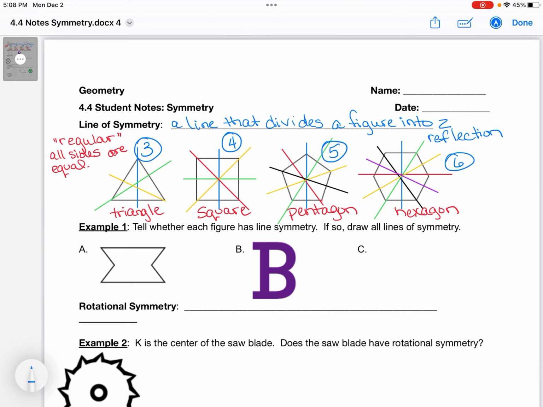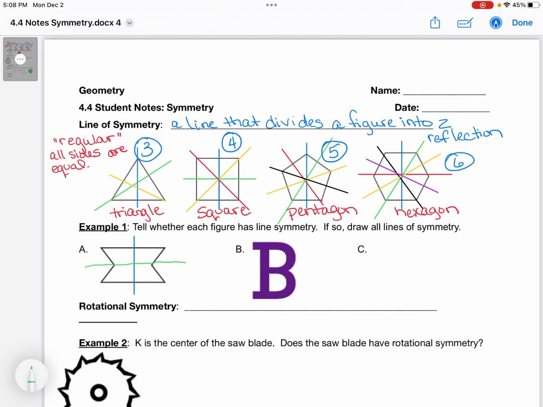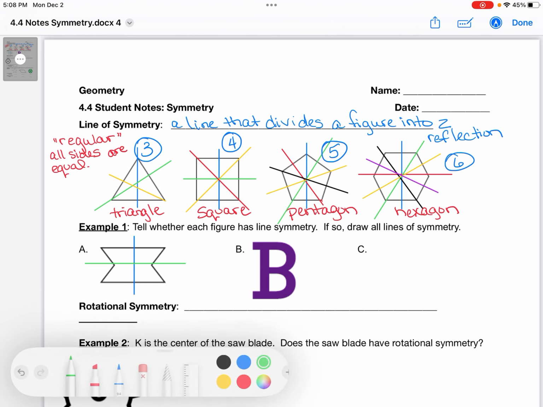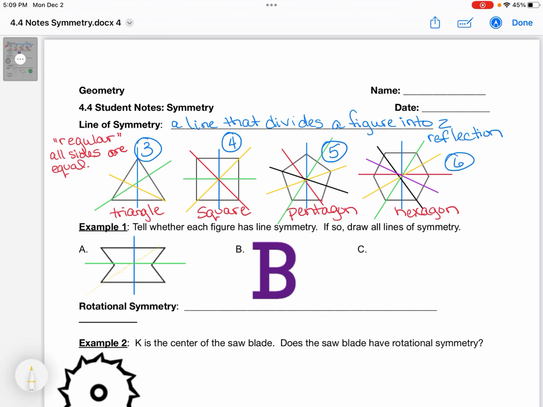So once my shape starts changing and everything's not all lined up pretty, same sides and same angles, there are way fewer lines of symmetry. So let's look at this next one. For sure there's a line of symmetry here, and for sure there's a line of symmetry here. You're going to be tempted to draw a line of symmetry right there, but don't do it.